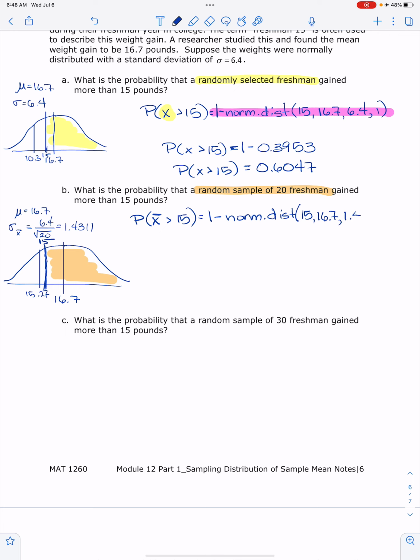My new standard deviation for that sample of size 20, and we get a probability of 0.8826.